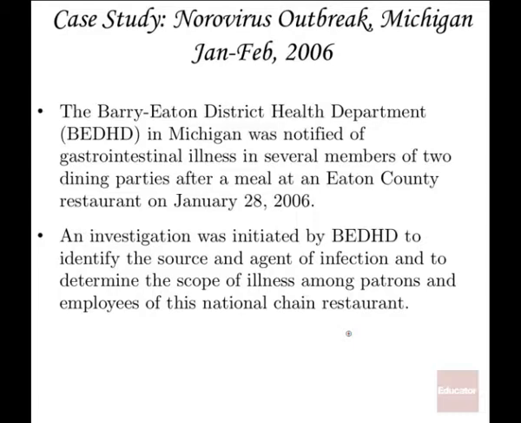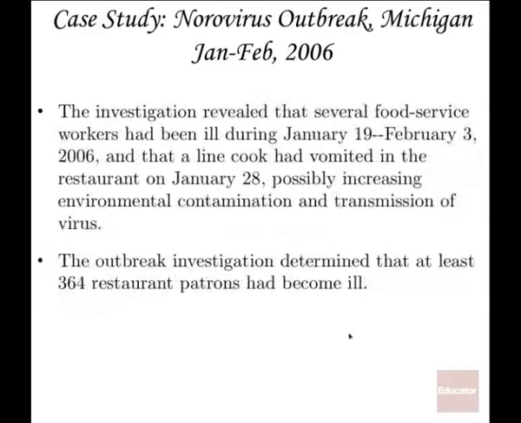So the health department initiated an investigation to try and identify the source and the agent of infection, and to figure out how many patrons of the restaurant or employees actually were taken ill by this particular event.